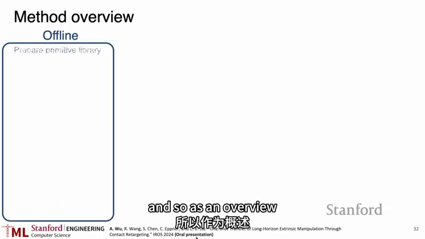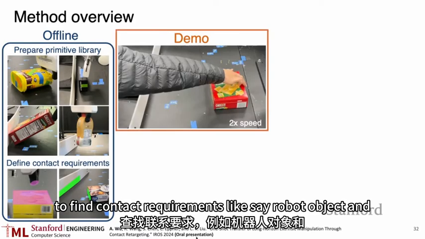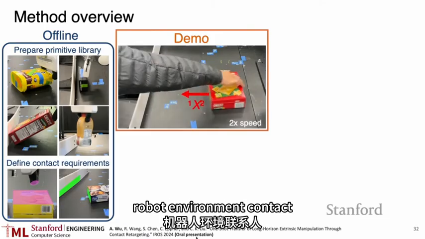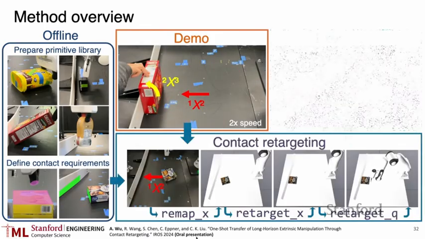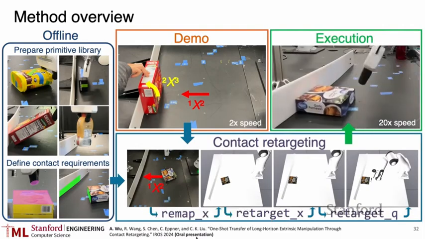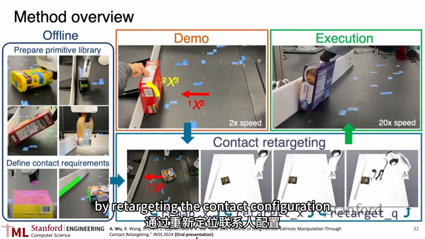As an overview, we built a primitive library and define contact requirements, like robot-object and object-environment contact. We take a demonstration, and then we can remap this task to different scenes and different objects by retargeting the contact configuration.